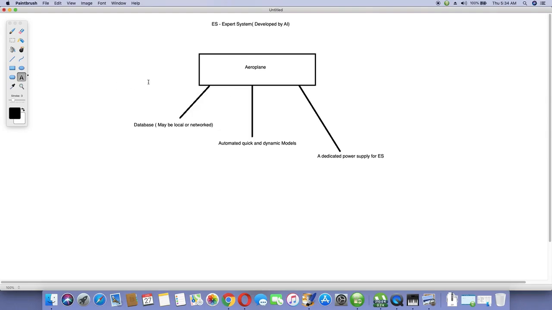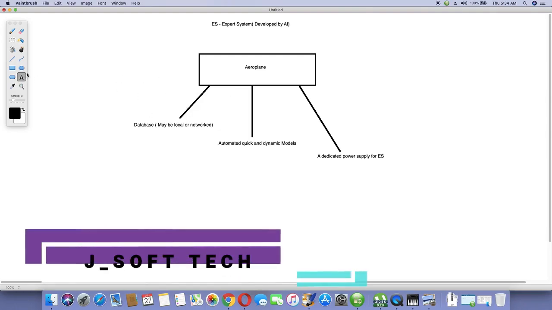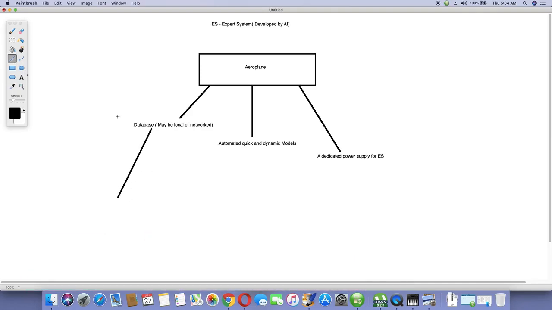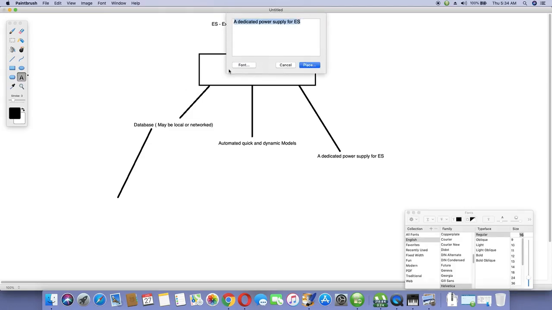Now the database. What does the database include? When we take the database, there are many models and the history of the plane.